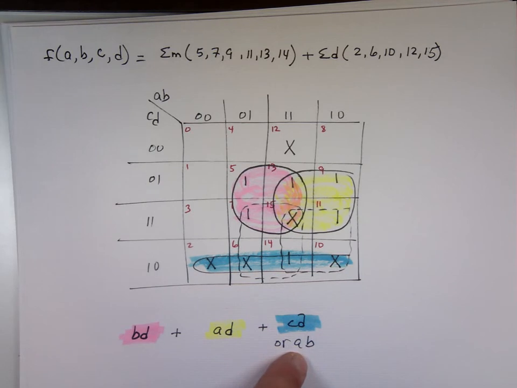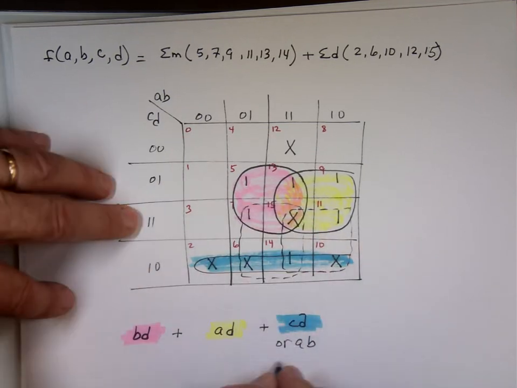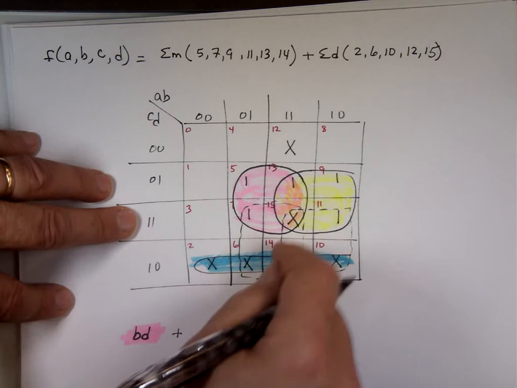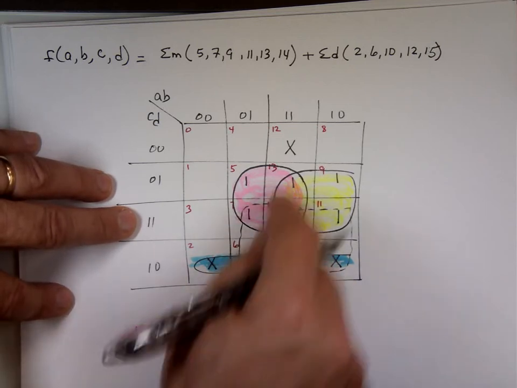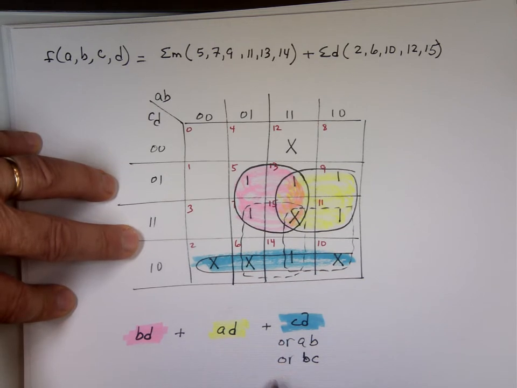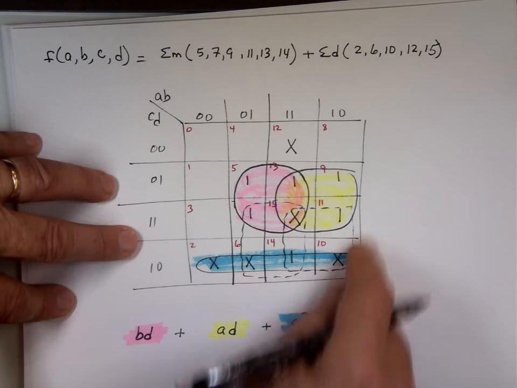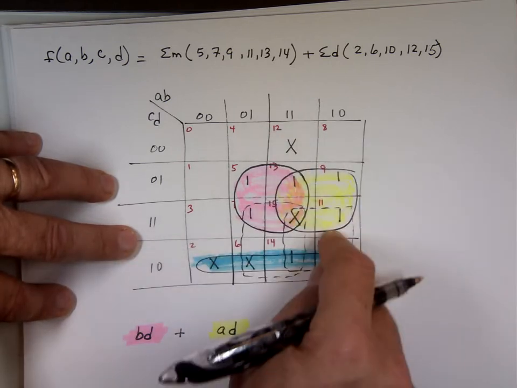Less connection. Or I can take this 4. If I take these 4, that'll give me B, C. Or if I take the last ones, just to get this one, that'll be A, C.